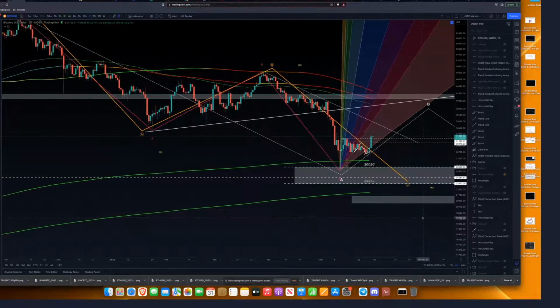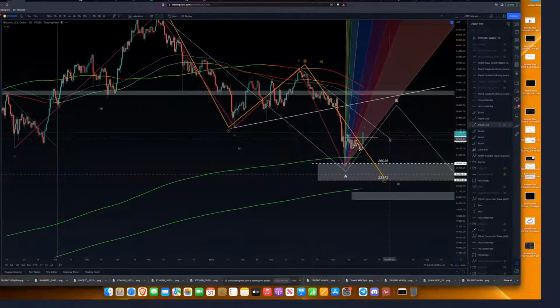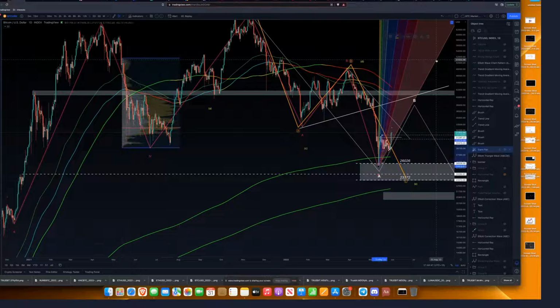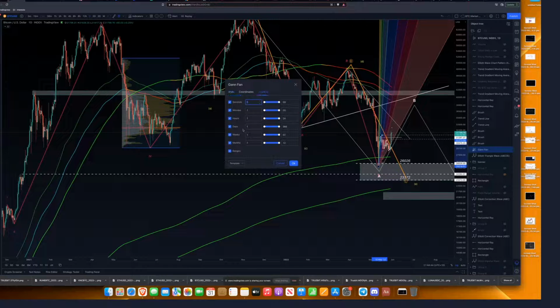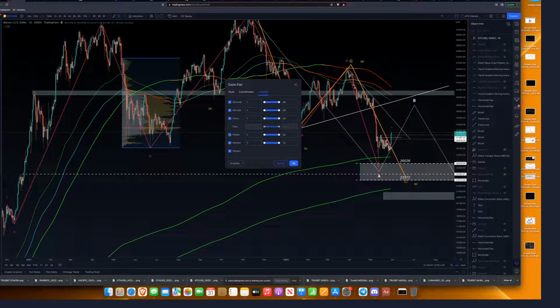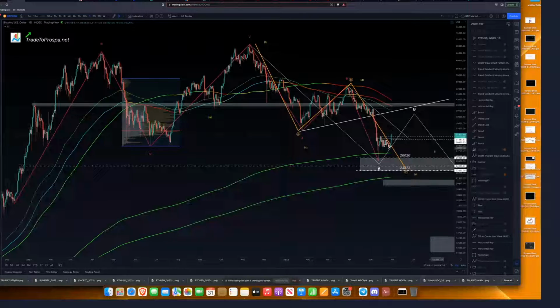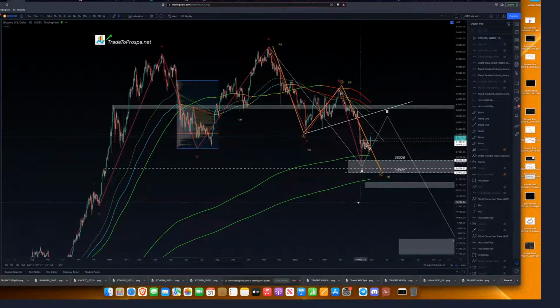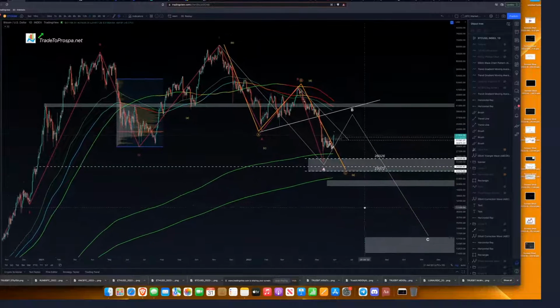I wonder if I have my chart, our targets here. So if it was to be a nice bullish time, we could just show you quickly how we measure the targets. 40,000 or so is what I'm looking at from this perspective.